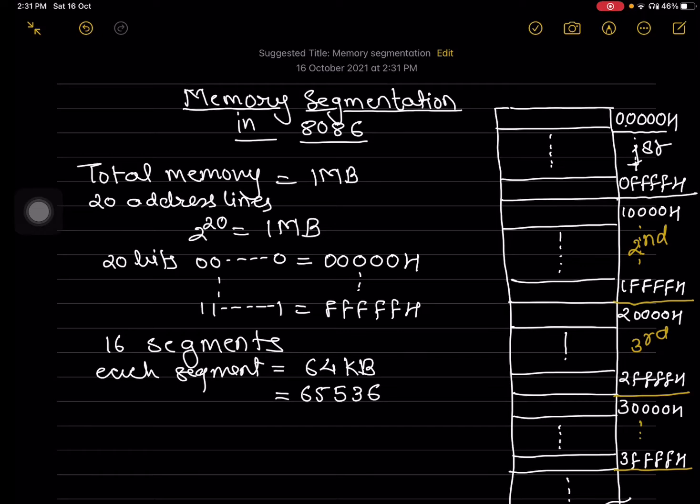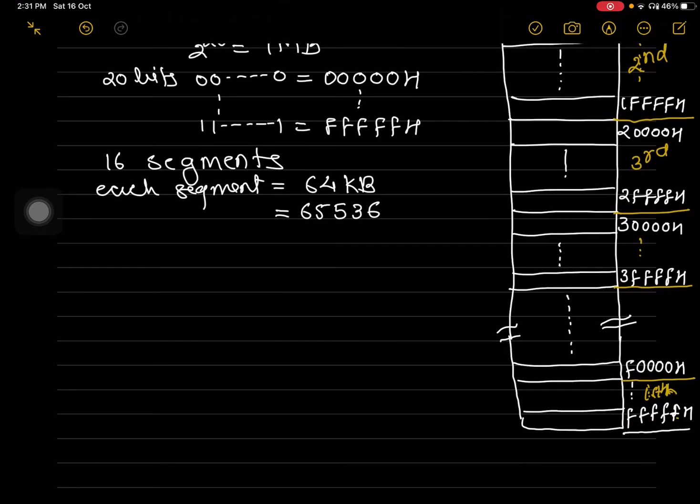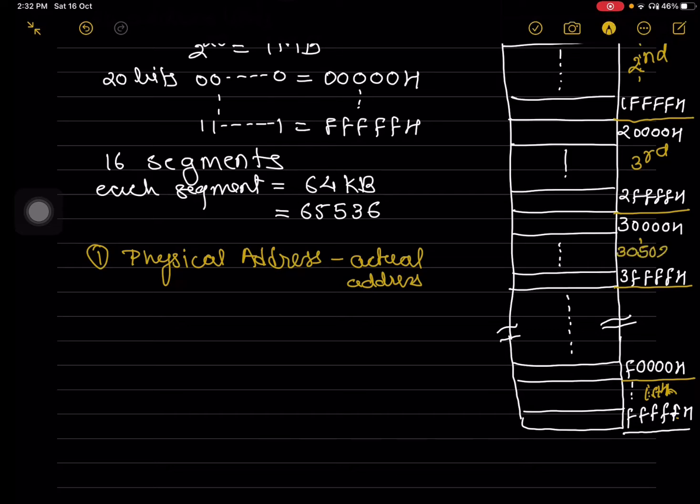Now in this memory, the addresses specified here are of three different types. The first type is the physical address, which is nothing but the actual address of any memory location. For example, if a memory location is located at 30502H, then 30502H is the physical address of this particular memory location.